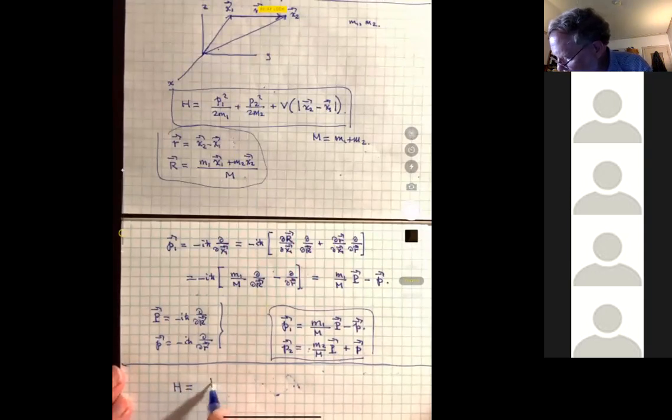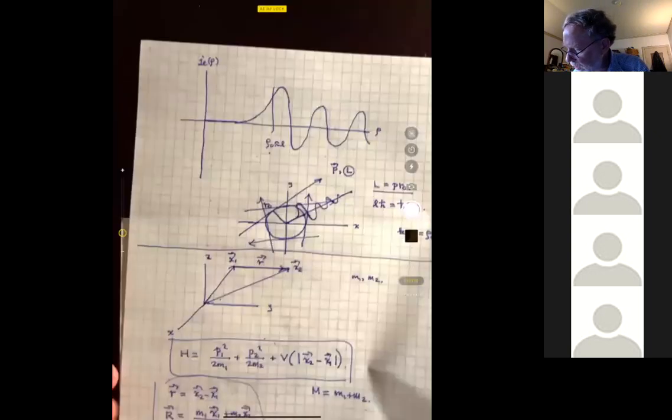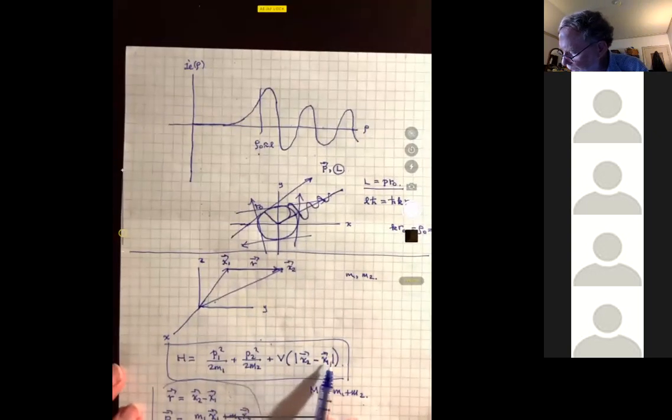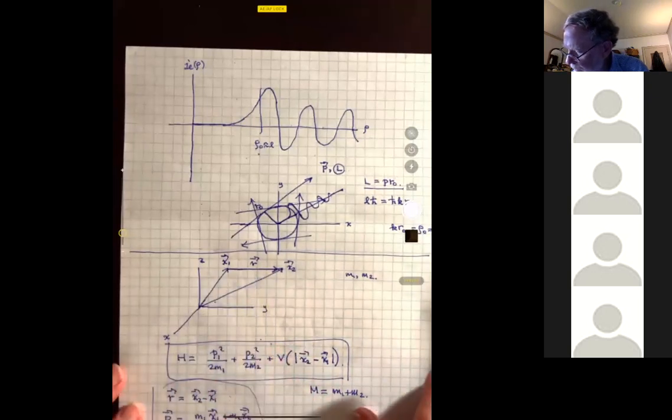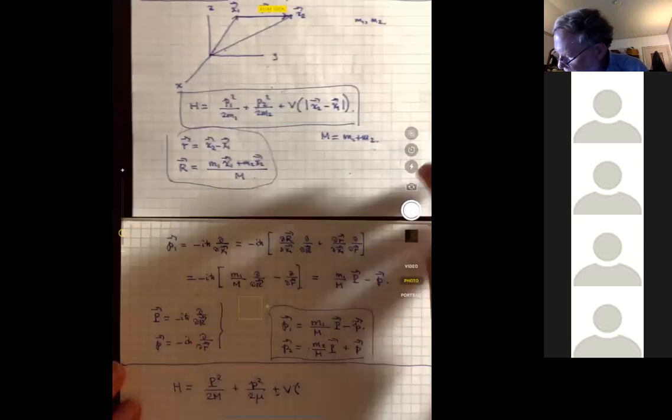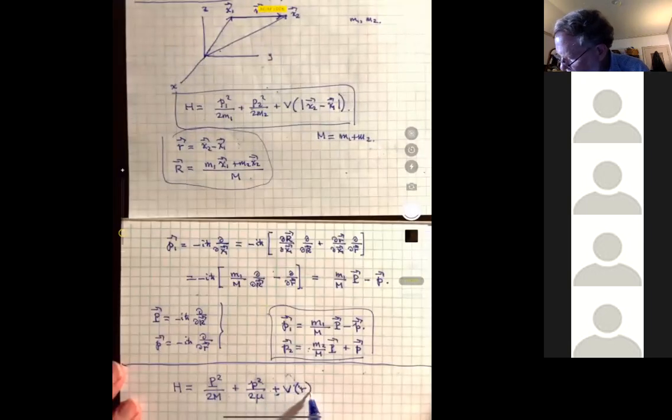You find the Hamiltonian is big P squared over twice big M plus lowercase p squared over twice mu, which I'll define in a minute, plus the potential energy V. Potential energy V is easy because it's just the distance between x2 and x1. That's just the magnitude of the relative position vector, lowercase r, as you see in your diagram here. So this just becomes V of r, like so, okay?